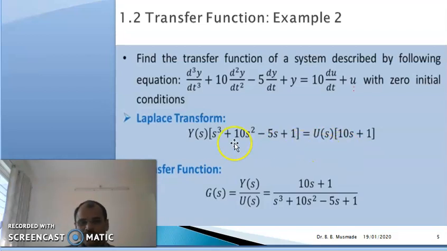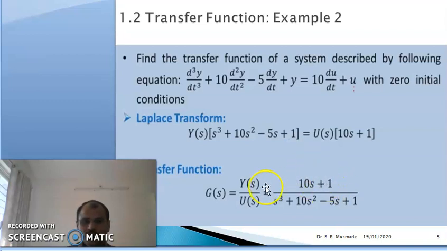I hope this is clear to you. Then rearrange the Laplace transform for the ratio Y of s by U of s as the transfer function of the system.